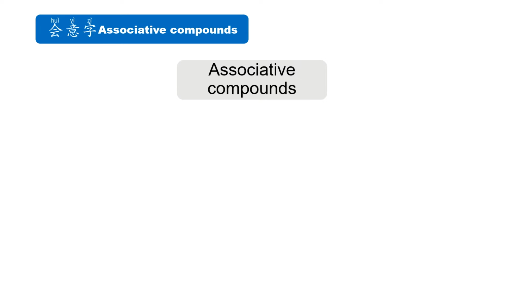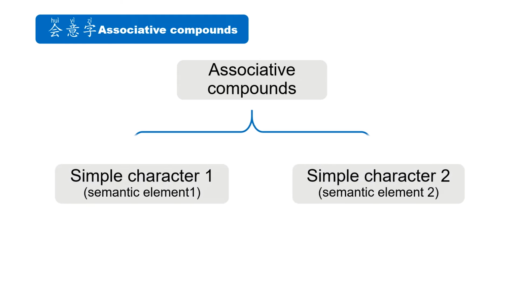One is that it must be combined from two or more simple characters, and the other is that it must form a new meaning by combining the meanings of those simple characters. So, the two or more simple characters act as the semantic elements of the associative compound.